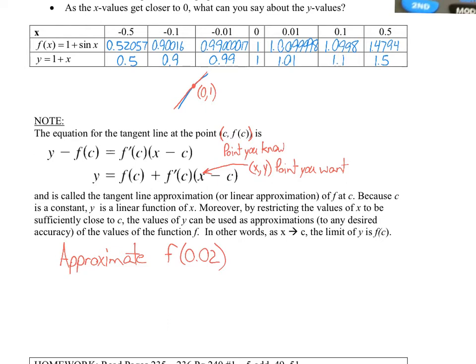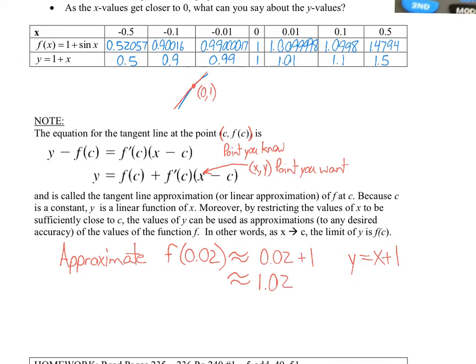Well, I'm going to say that this is going to approximately be 0.02 plus 1. Remember, our tangent line was y equals x plus 1. We already found the tangent line, so we could just plug in 0.02. So f of 0.02 is going to be approximately 1.02.